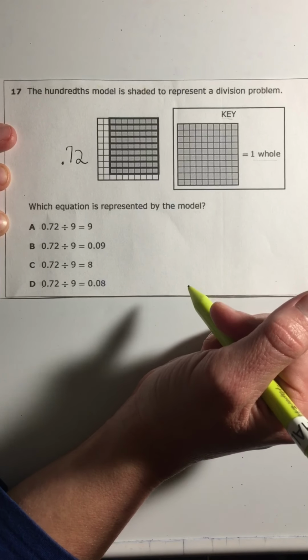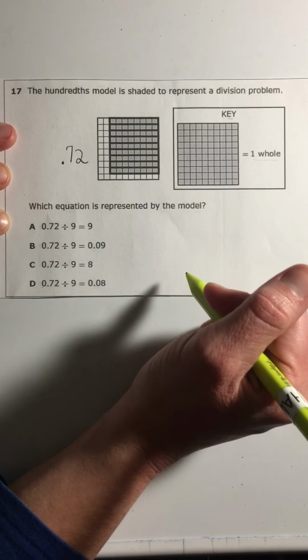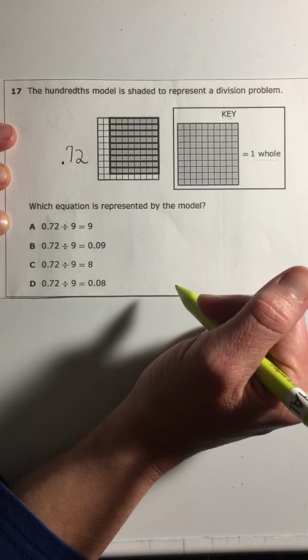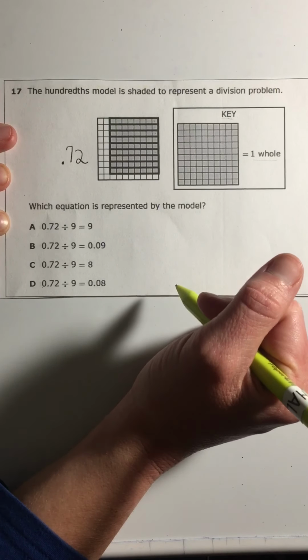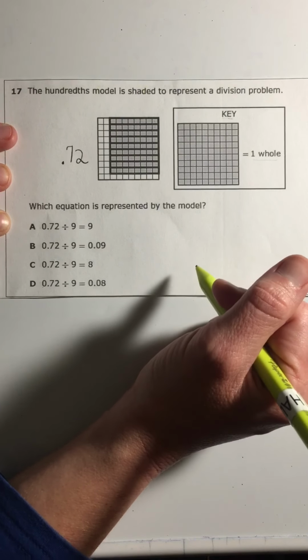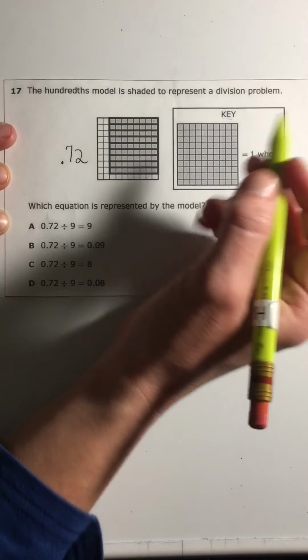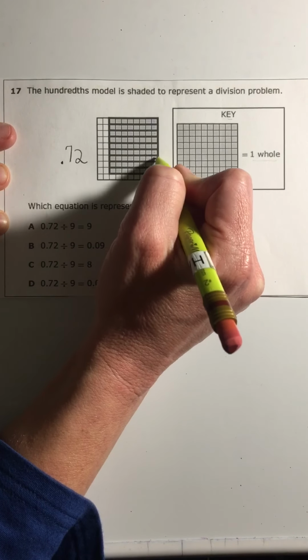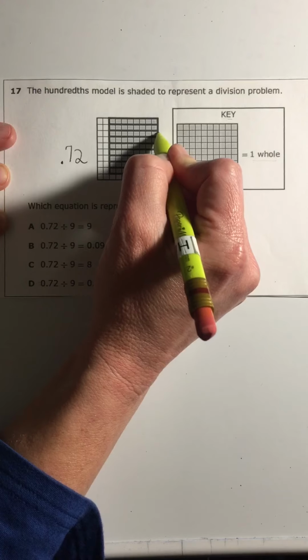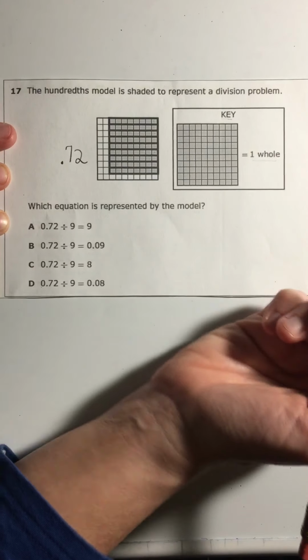Then we have to look and see what's happening. The bolded lines are the action that's taking place. They're taking 72 hundredths and cutting it into 9 groups.